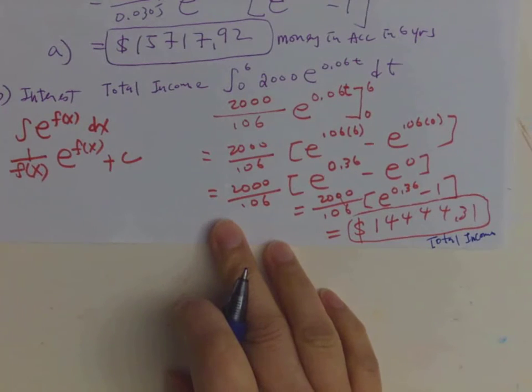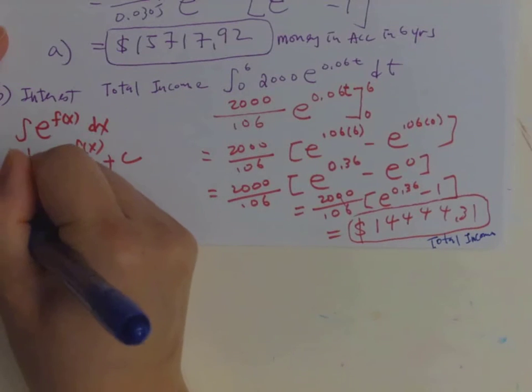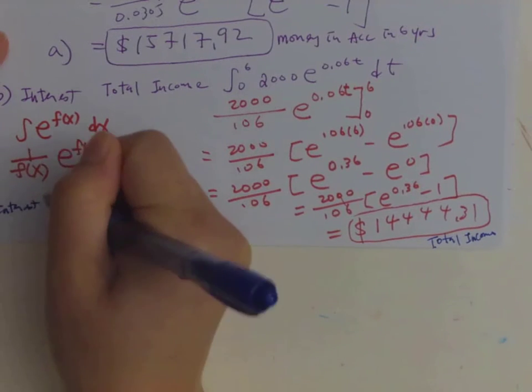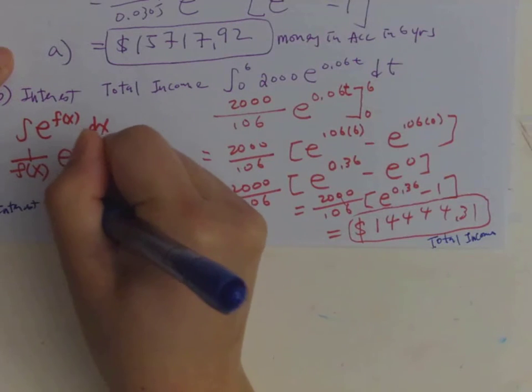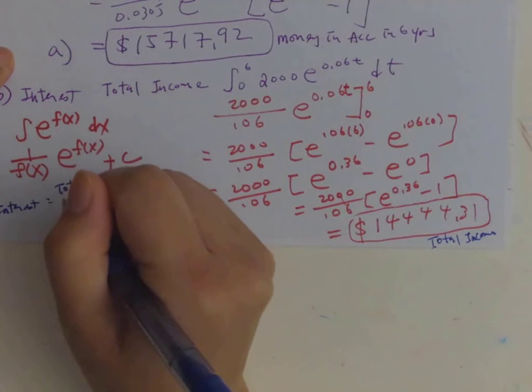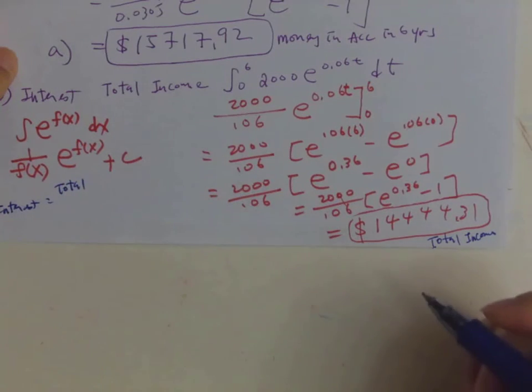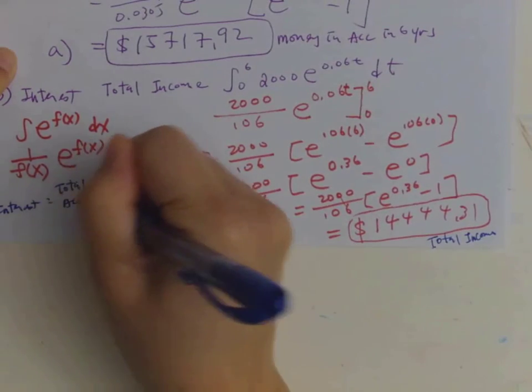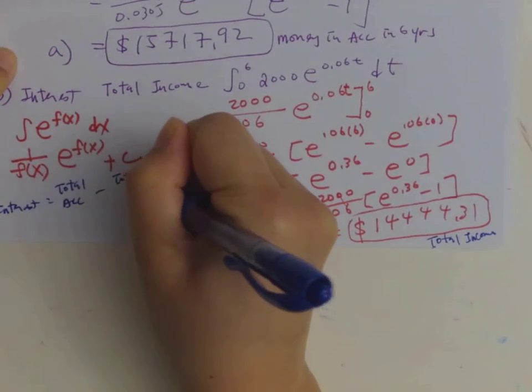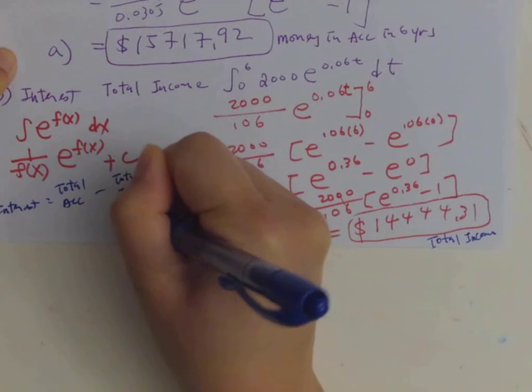So if they need to find the interest, then you are going to use the total in the account and subtract the total income that you put in, right?